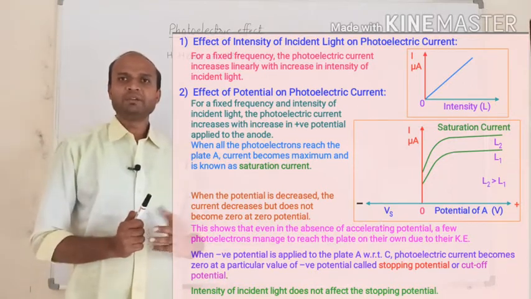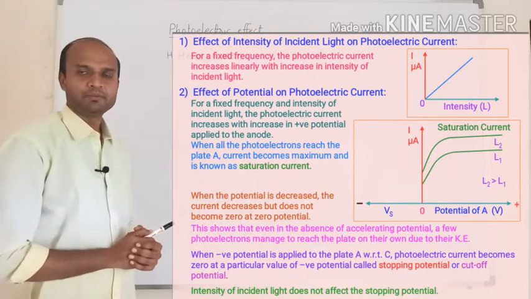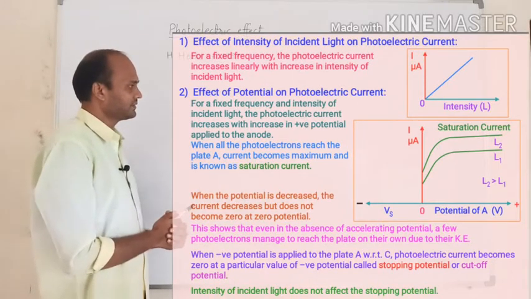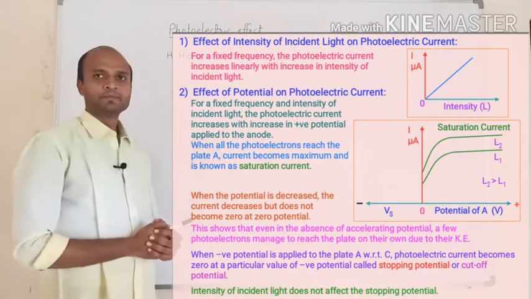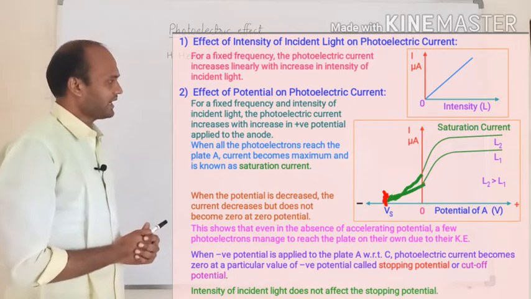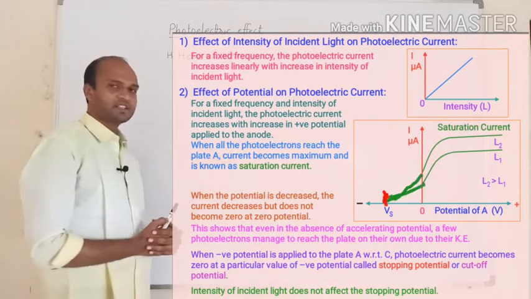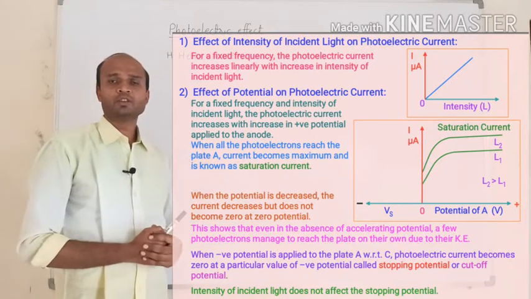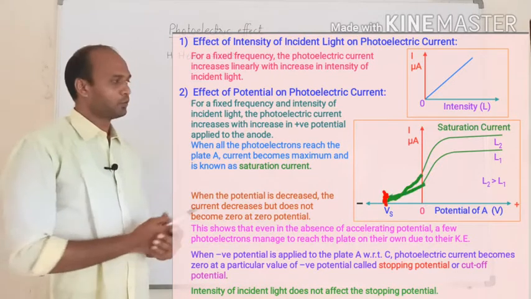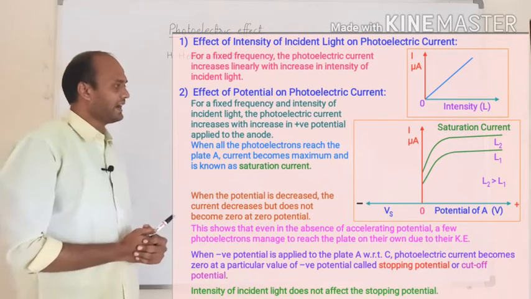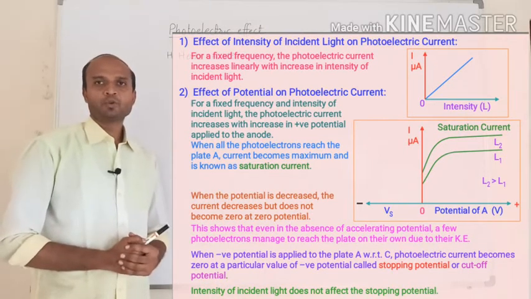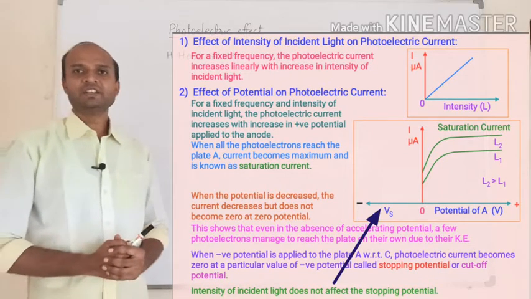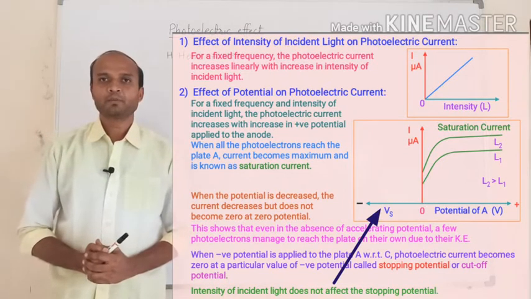Now if we reverse the polarity, meaning we apply a negative or reverse voltage, then, although the curves are not shown here, as the reverse voltage increases the photocurrent goes on decreasing, and at a particular reverse voltage the photocurrent becomes equal to 0. That reverse voltage is called the stopping potential.